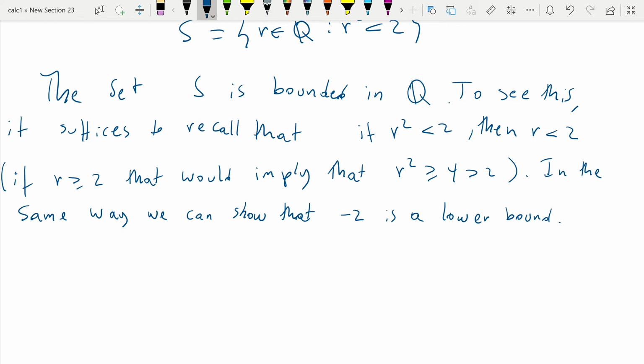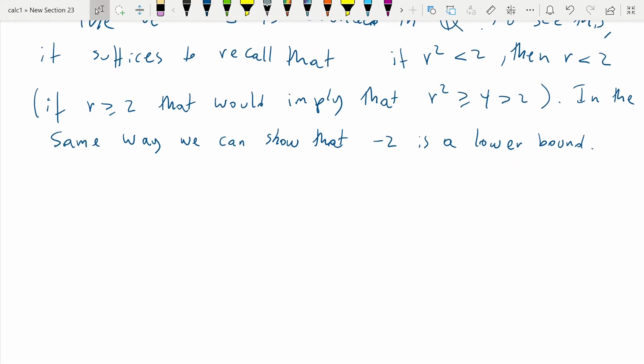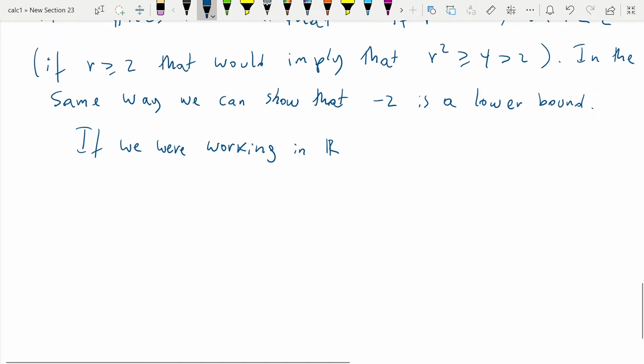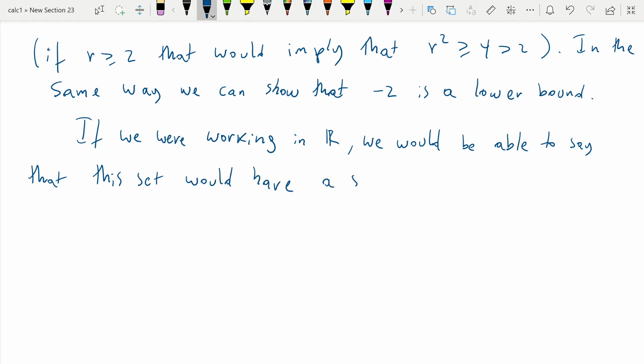Okay, so that's how we conclude that S is bounded in Q. This is a key point here, in Q. It will also be bounded in R. Now, if we were working inside the real numbers, to say that the set would have a supremum.